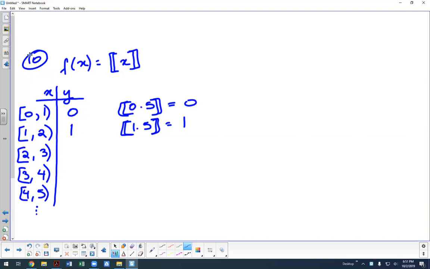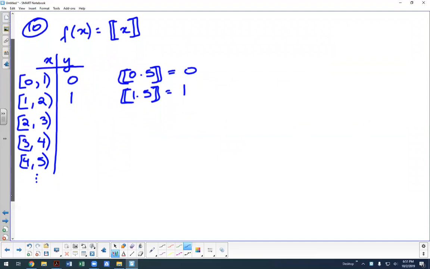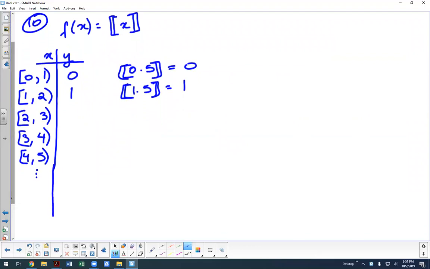And you know, this can keep going, but we're not really going to write all of them down. So go ahead and tell me what these numbers should be. Between 1 and 2, between 2 and 3.